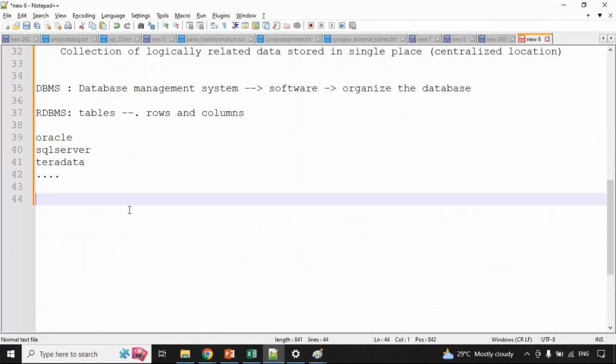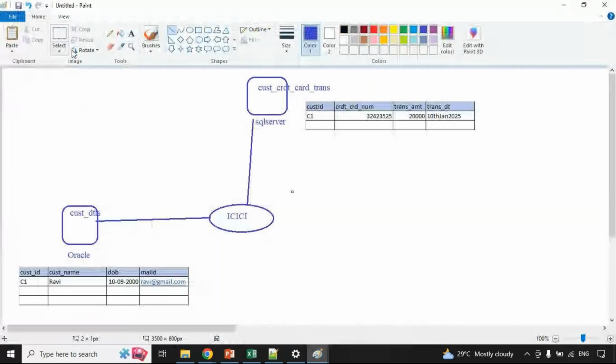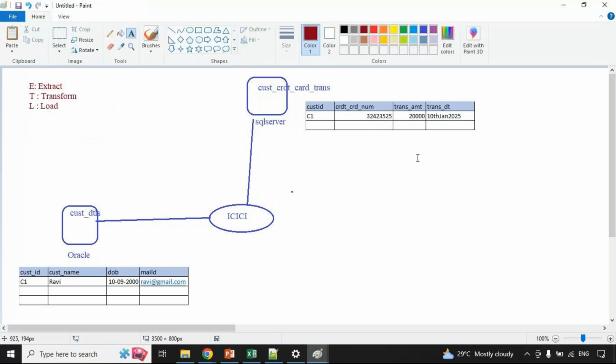ETL is a process. ETL stands for extract, transform, and load. Here the requirement is, I am having a business user, for suppose consider a high level manager.